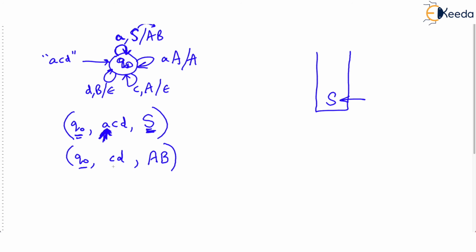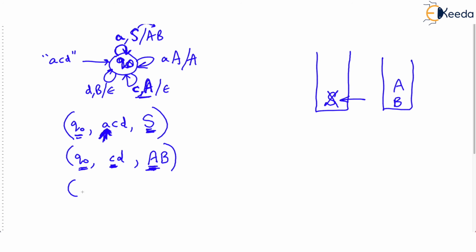Now Q0 is reading a c from the input and top is A. So how will you show it in our picture here? Stack was containing S initially, but now the stack is containing B, A. A is on the top. Correct? So do you have any such configuration? Q0 is reading c and top is A? Yes. Check this. Then what are we saying?